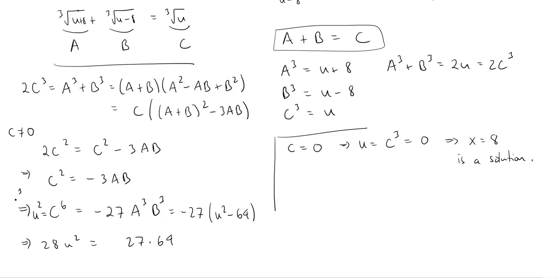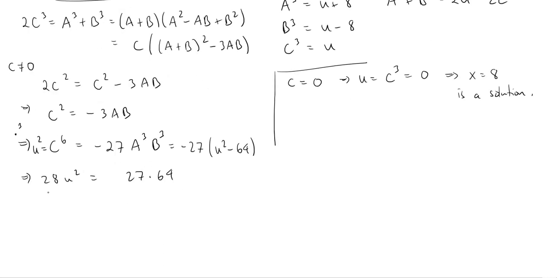Okay, I could distribute, but I don't want to because I'm going to now divide by 28 and take a square root. So I get u squared is 27 times 64 over 28, which, okay, let's see, simplify. 64 over 28, that's 32 over 14, that's 16 over 7. Okay, so 27 times 16 over 7.